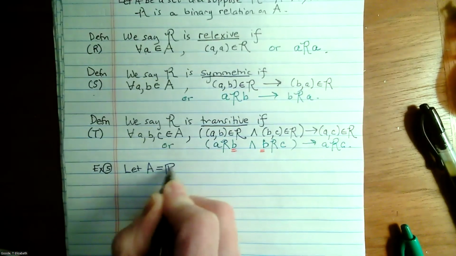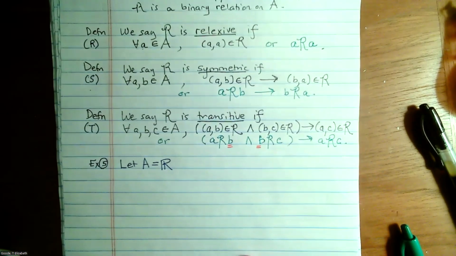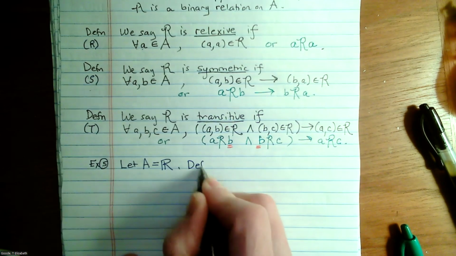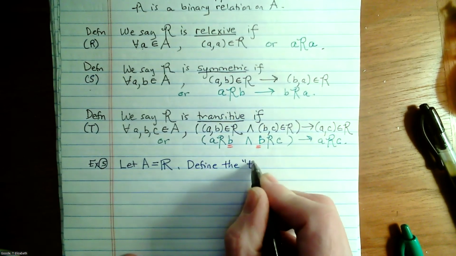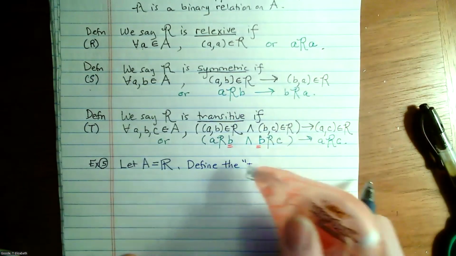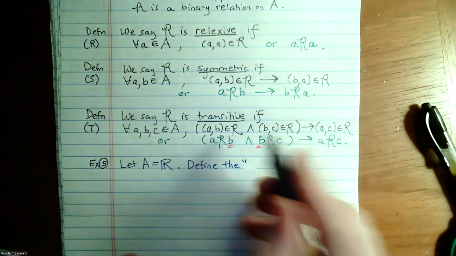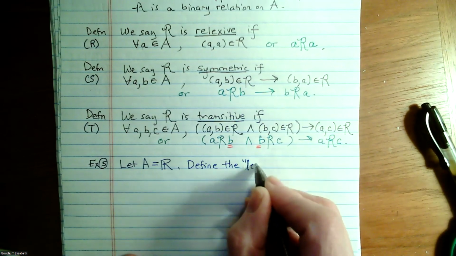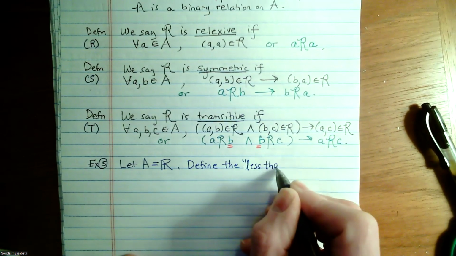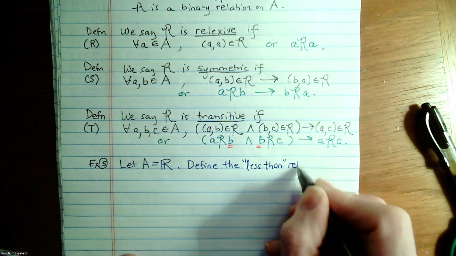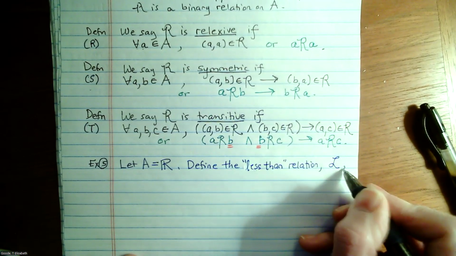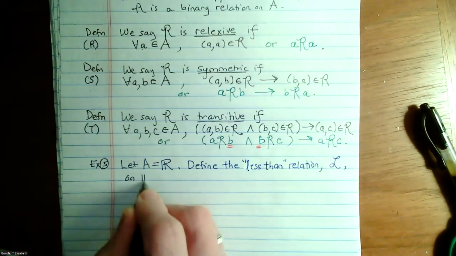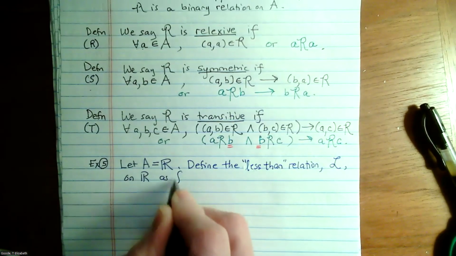So this is going to be an infinite binary relation. We're going to define the less than relation, and we're going to denote it by curly L on R, the reals, as follows.